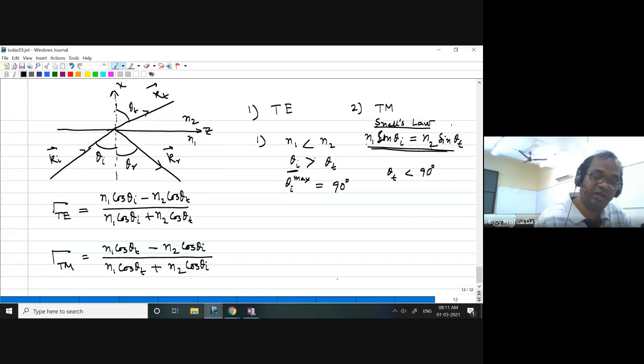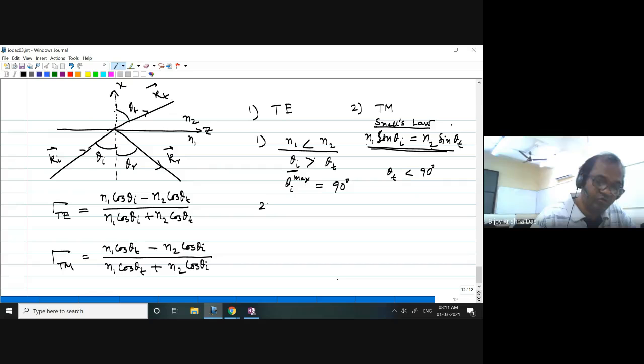So theta T must be less than 90 degrees. That much is clear. For this condition, any electromagnetic wave, either TE or TM or any mixture of these two polarizations, will always have something transmitted to the second medium, and something reflected to the first medium. That much is correct.